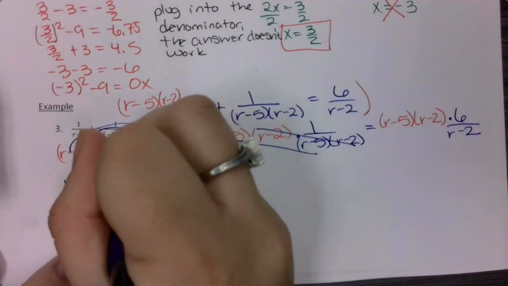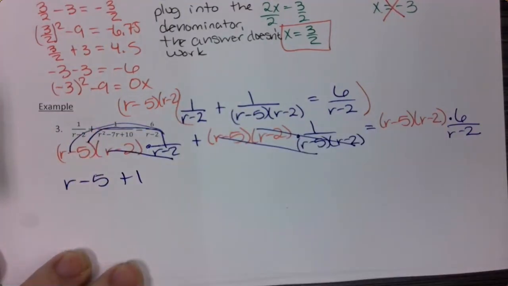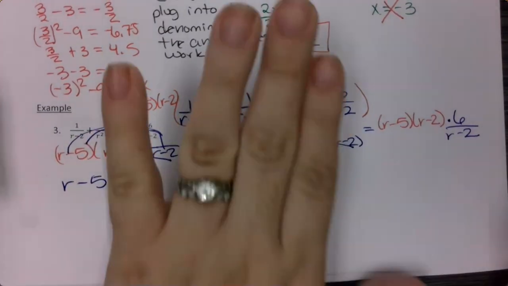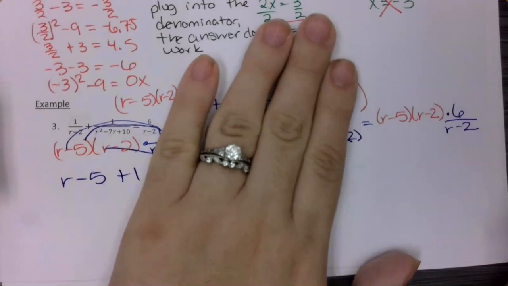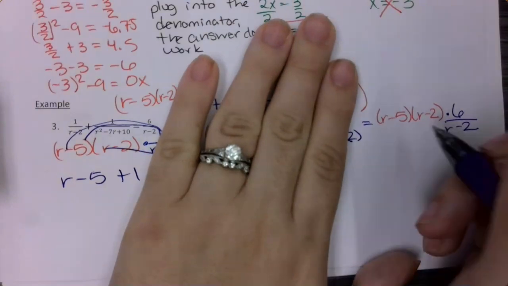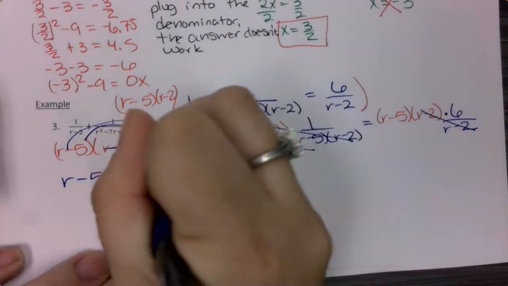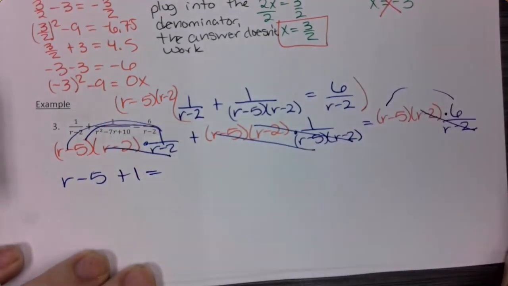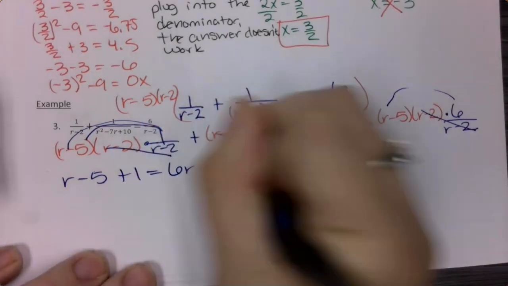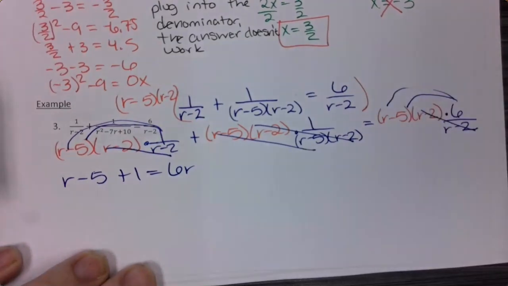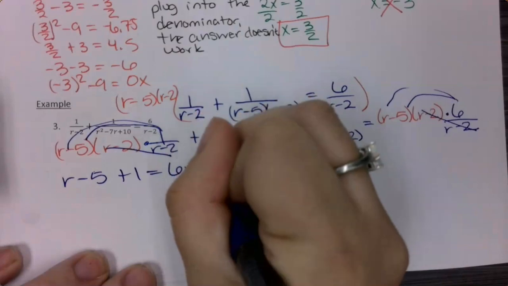So this gives me just 1. On the last one, what can I cancel out? R minus 2. So then I have 6 times R, which gets me 6R. 6 times negative 5, negative 30.